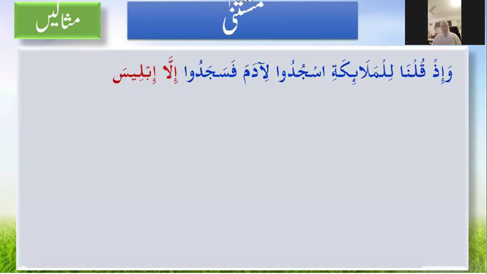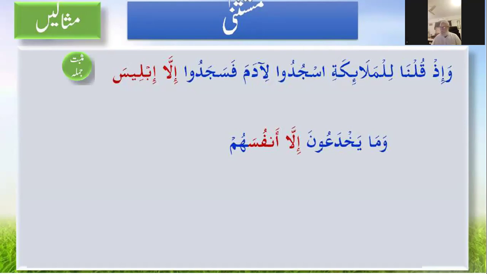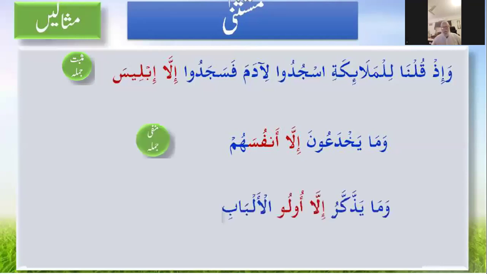Look, after illa, Iblisa is coming mansoob. وما يخدعون إلا أنفسهم. إلا is the istisna, أنفسهم, أنفس is coming mansoob. وما يذكر إلا أولو الألباب. After إلا, أولو is marfu, not majroor.